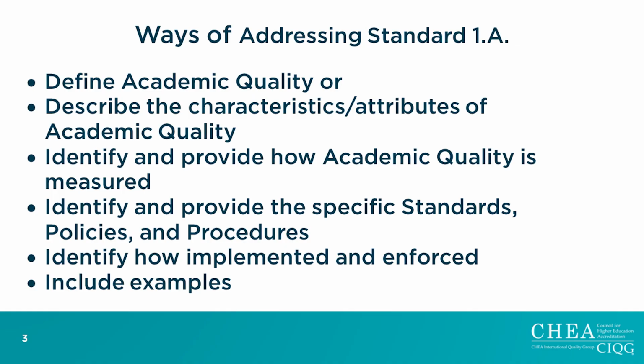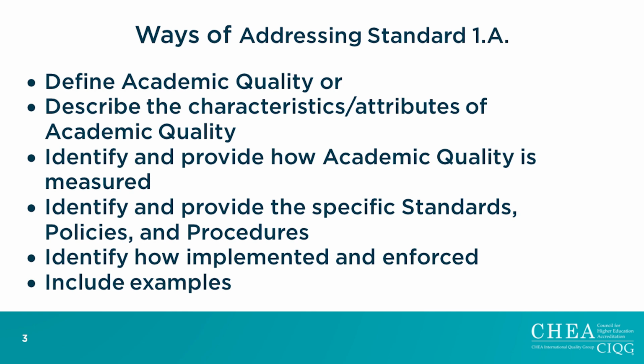In Standard 1A, the accrediting organization addresses how it advances academic quality using quantitative and/or qualitative measures and provides supporting evidence of how it implements and enforces standards, policies, and procedures to advance academic quality. In the narrative portion of the application, the accrediting organization may provide its definition of academic quality or describe the characteristics or attributes of how it views academic quality.